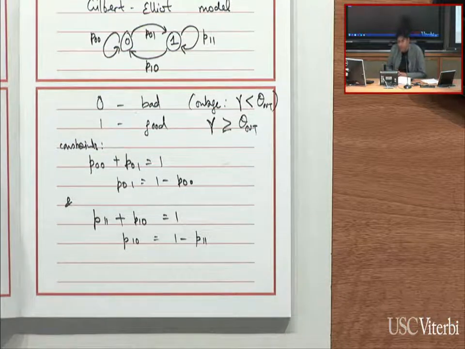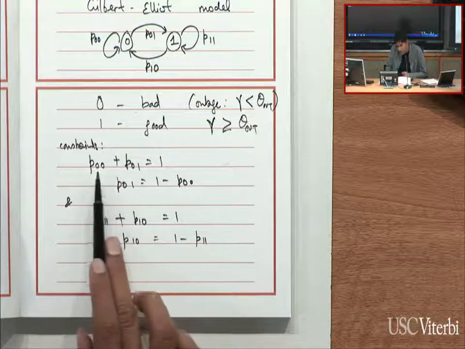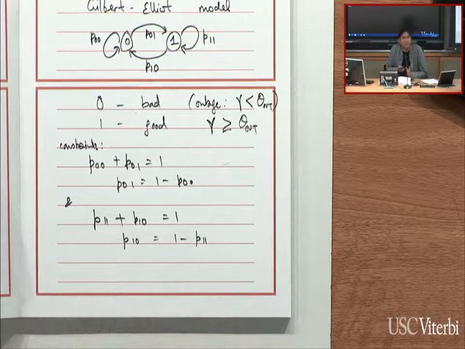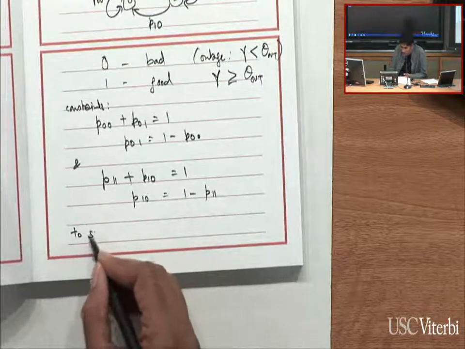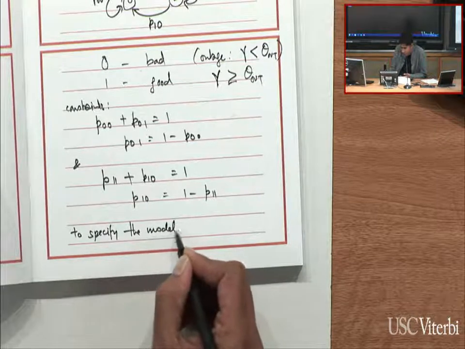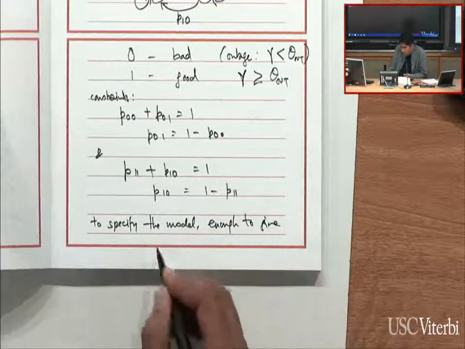Okay. So if I take any two of these four numbers such that I take one from each of these two pairs, then I fully specified this model. So to specify the model, it's enough to give two numbers.